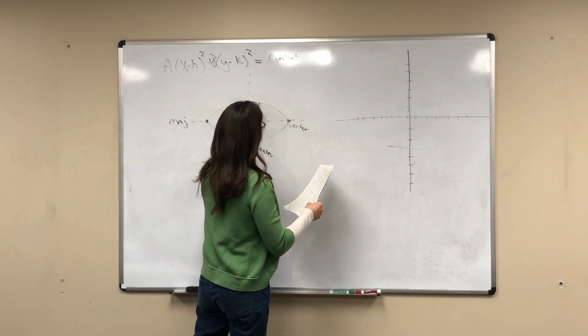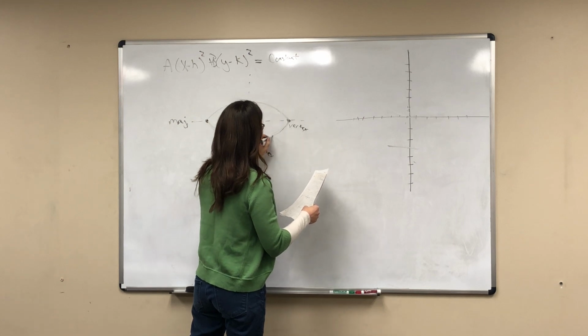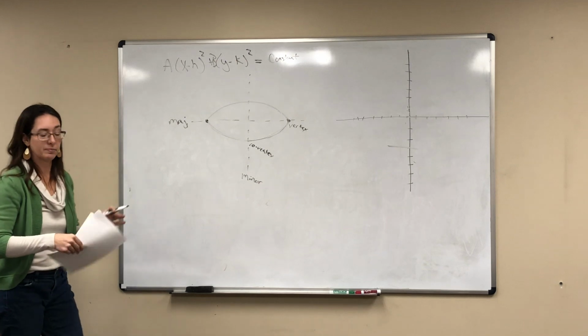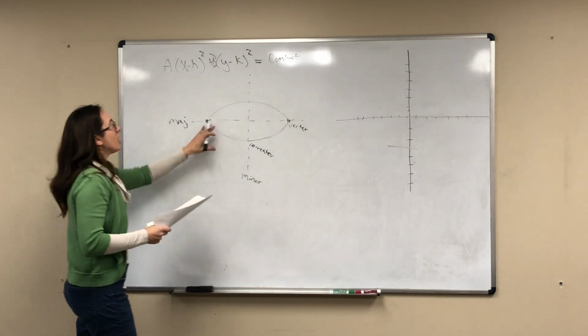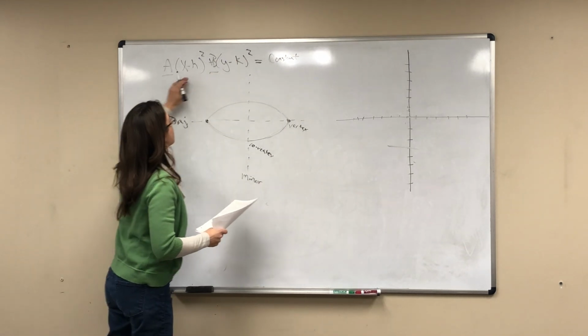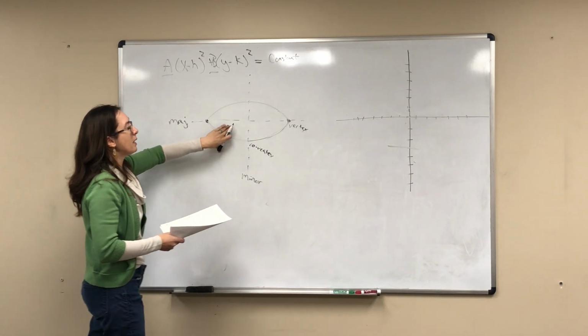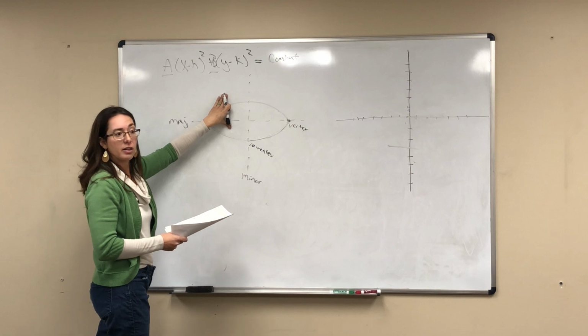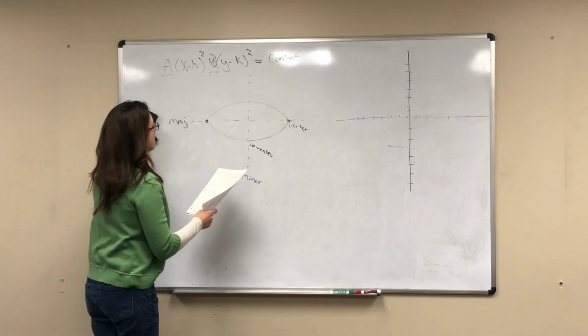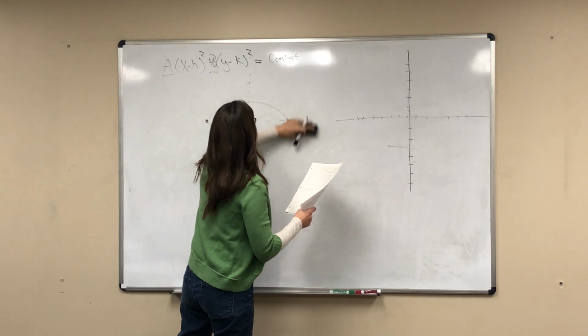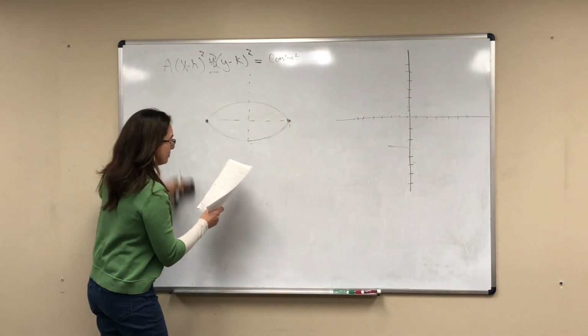And this one is skinny, if we were looking that direction, right? So the coefficients in our formula will determine what direction our ellipse goes. So let's walk through practically what that looks like before I just give you the answer.